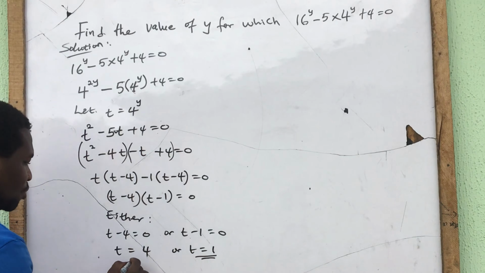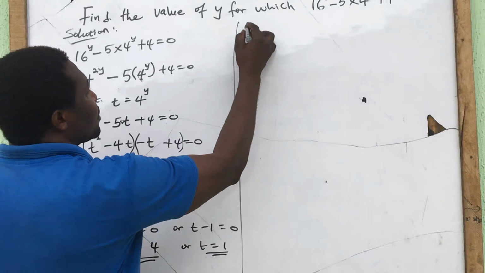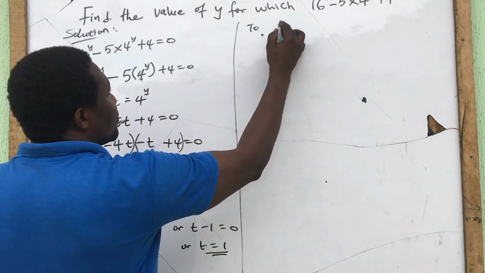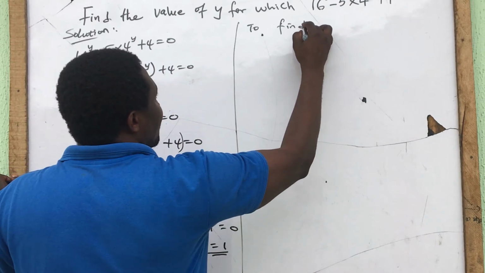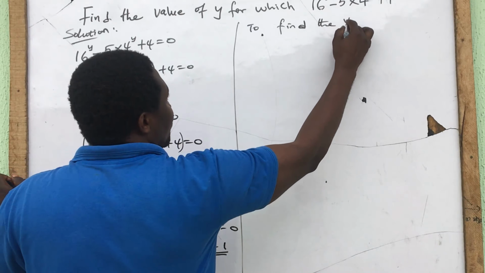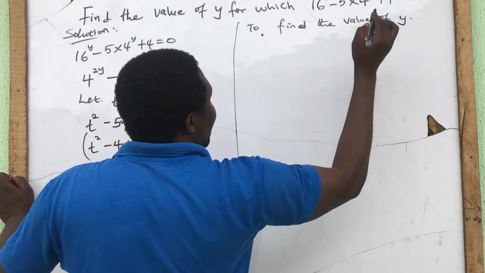So when you know the value of t now, the next step is to apply it to find the value of y.